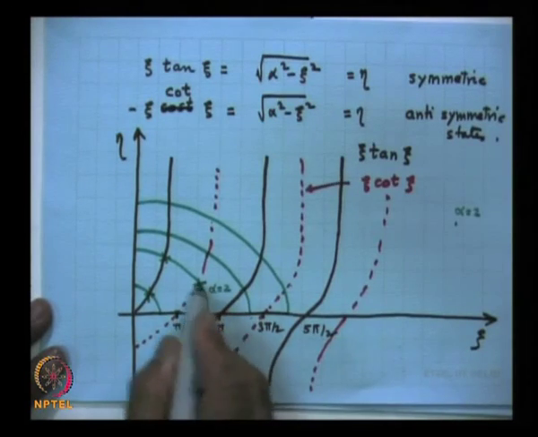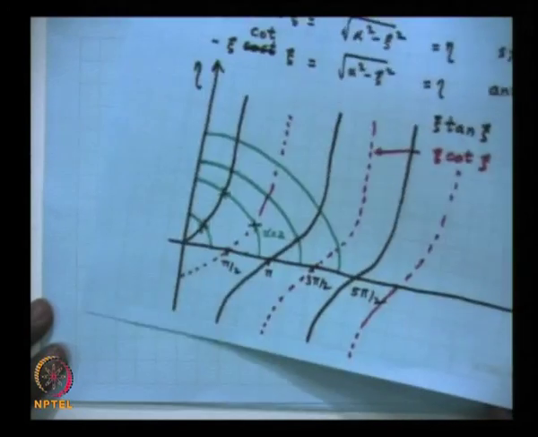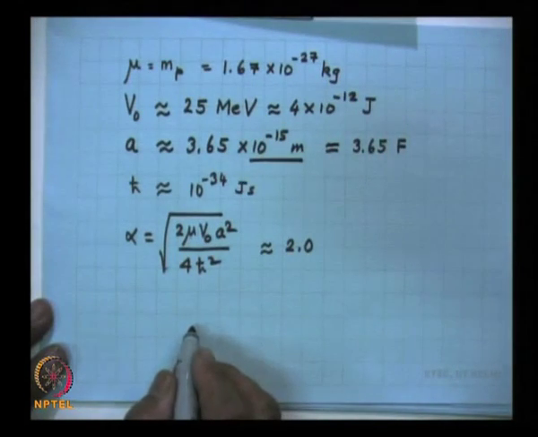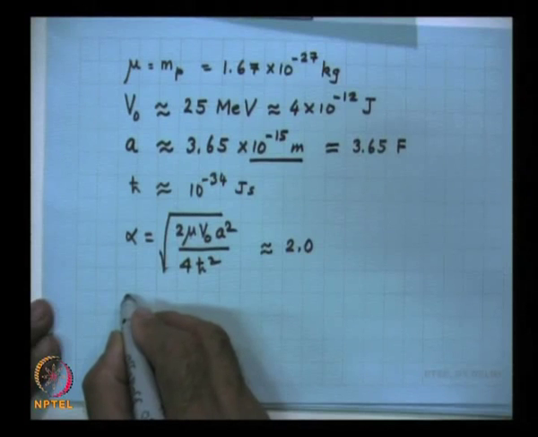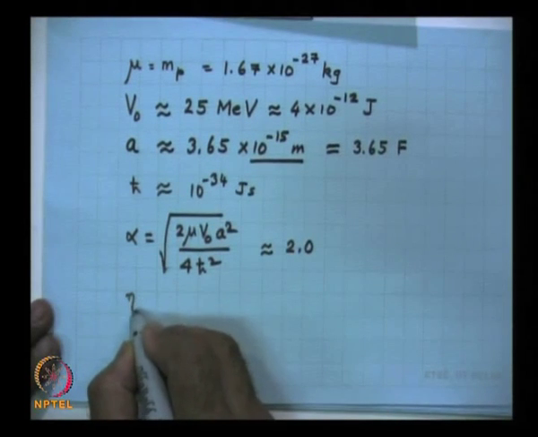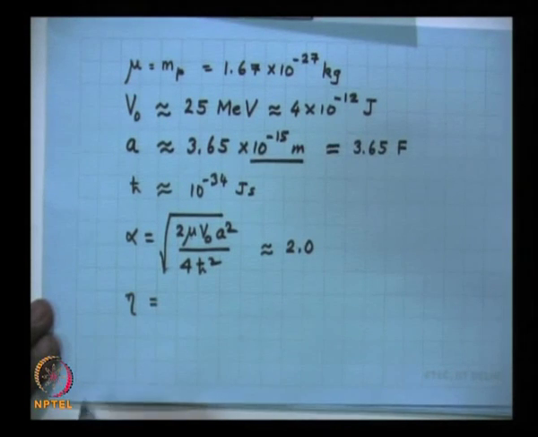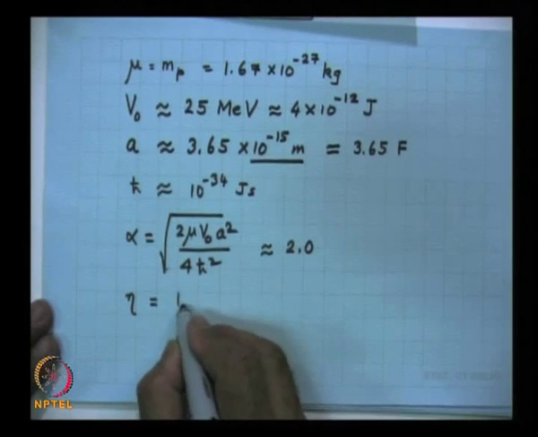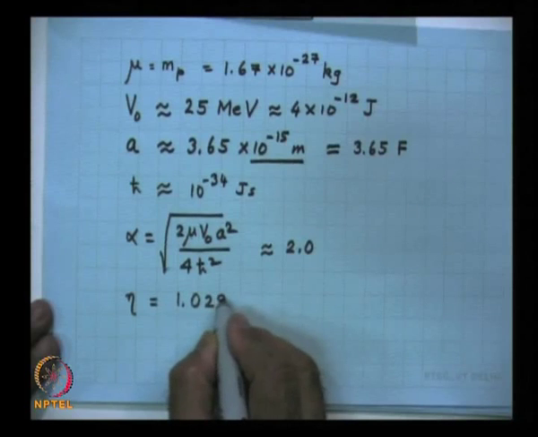and therefore, there will be 2 states, one symmetric and one anti-symmetric. The corresponding values of eta, for which the left hand side is equal to the right hand side, is 1.02987.